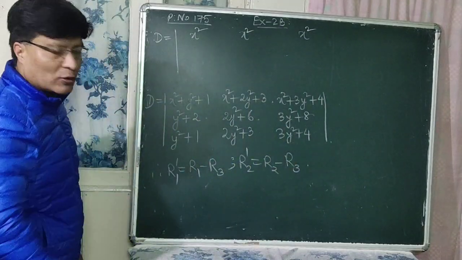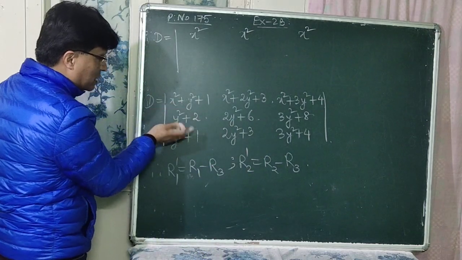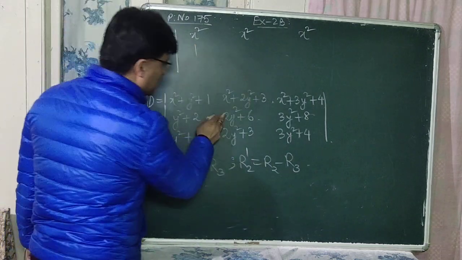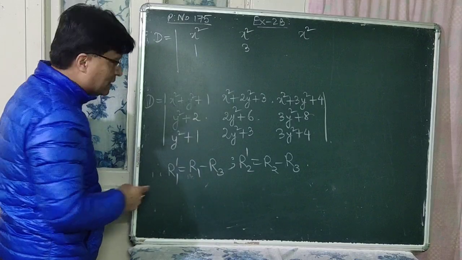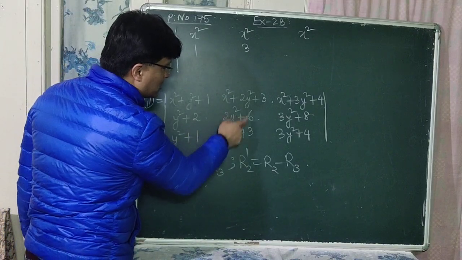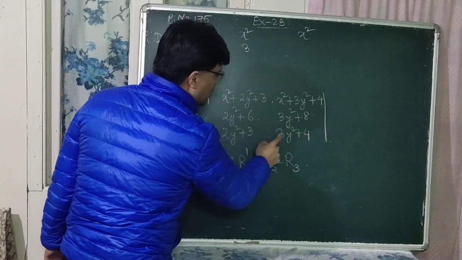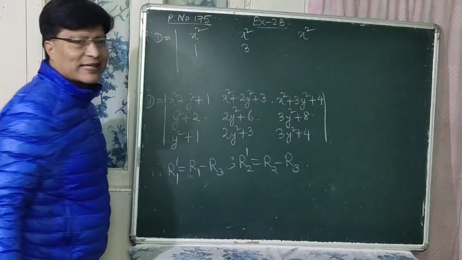That means row 2 is changing here also. What is R2 minus R3? This minus this. y square gets cancelled. 2 minus 1 is 1. This minus this, 3, you know that. You know how to subtract, isn't it? 2y square cancels, 6 minus 3 is 3. Next, 3y square plus 8 minus 3y square minus 4. What do we get? 3y square gets cancelled.